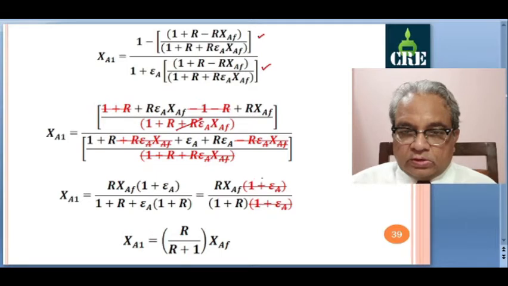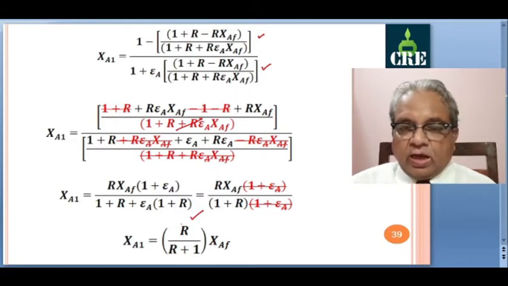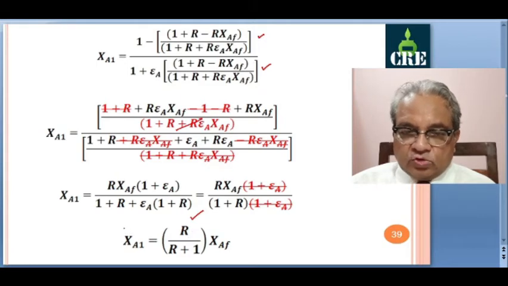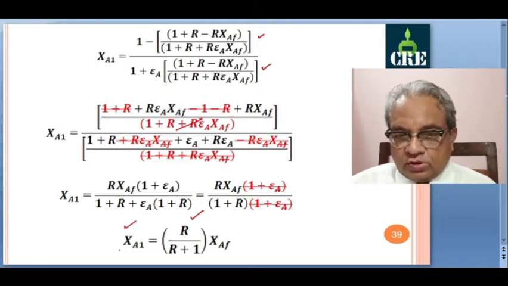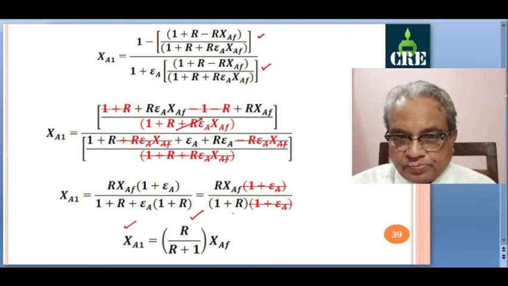And this 1 plus epsilon A in the numerator and 1 plus epsilon A in the denominator cancels out. And R by 1 plus R we have written as R by R plus 1, and into XAF is there. So we have got the relationship for XA1 now. XAF is known, XA0 is known, and this XA1 depends on R. Depending on the recycle ratio, this value will go on changing. So this unknown quantity we have determined and written in terms of known quantities now.